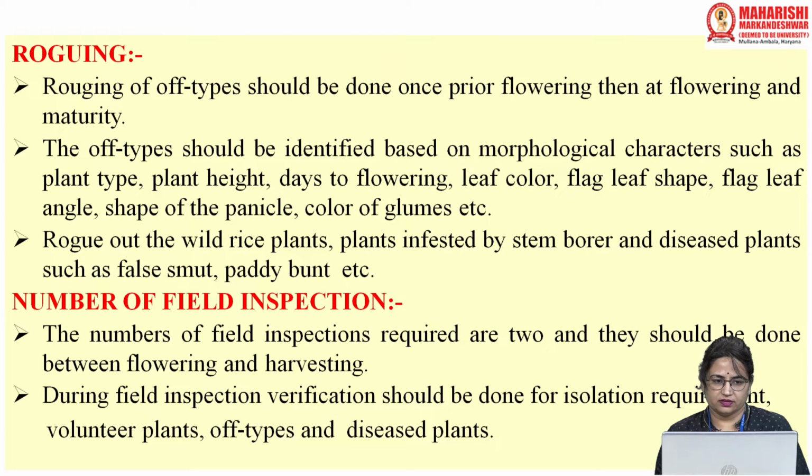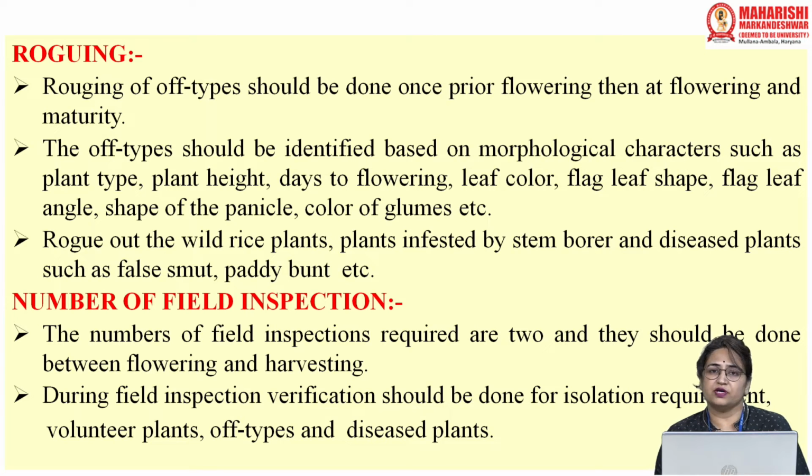Then roguing. Roguing of off-type plants should be done once prior to flowering, second at flowering time, and third at post flowering, or we can say maturity. Roguing is the removal of off-type plants from the field, and off-type plants fall in 4 categories.